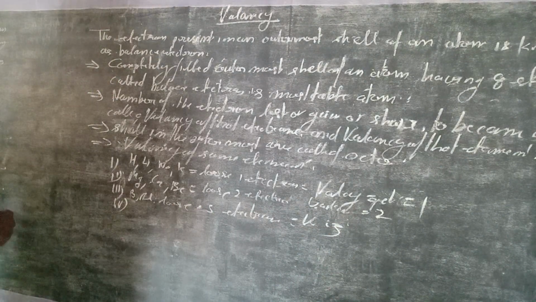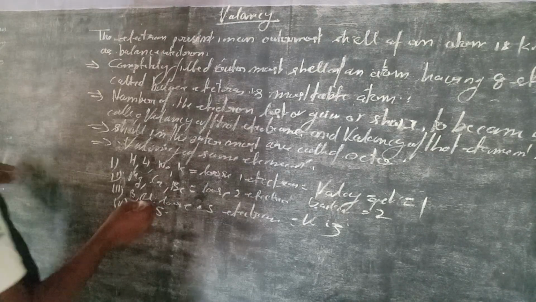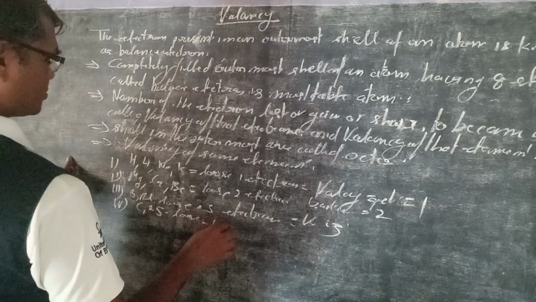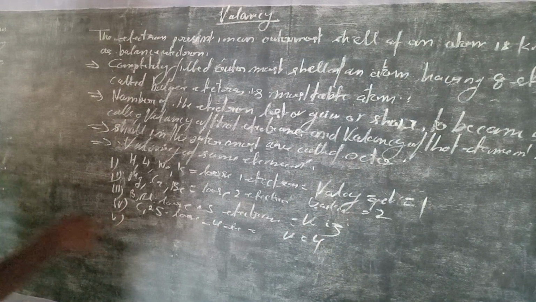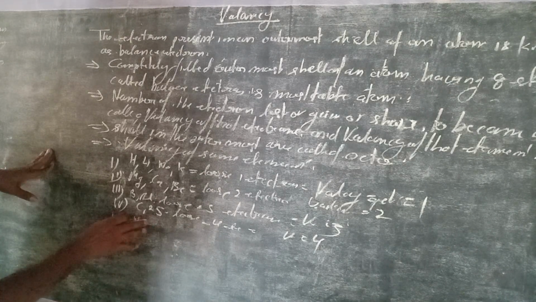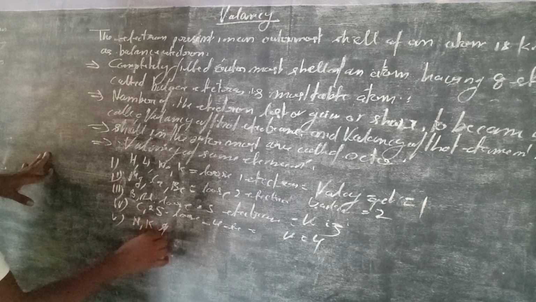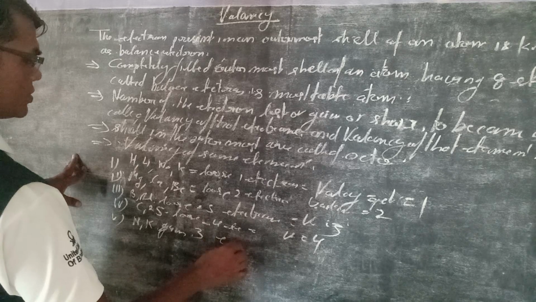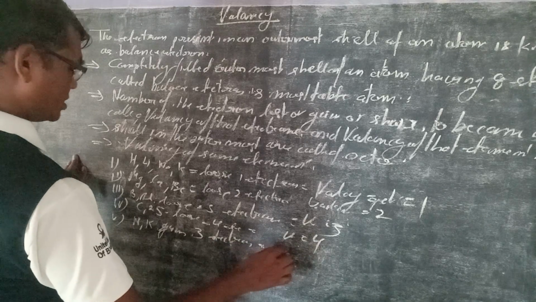Fourth, carbon and silicon lose 4 electrons, so valency is equal to 4. Fifth, nitrogen and phosphorus gain 3 electrons, so valency will be 3.